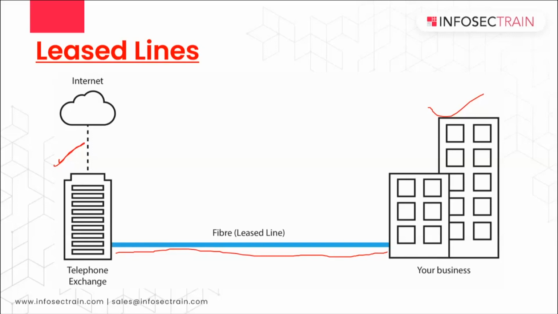So team, with these leased lines we have a dedicated service provider giving services to a single customer, and there will be no contention or connection of any other users.